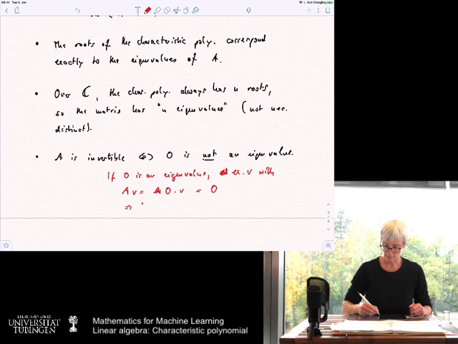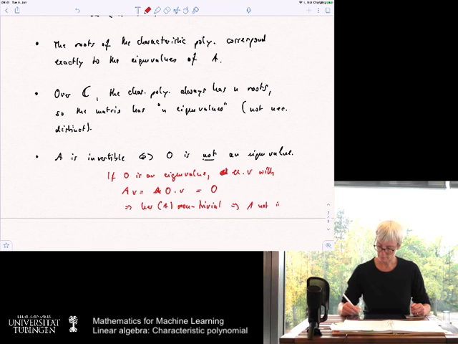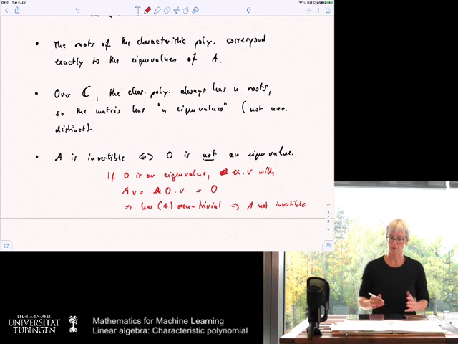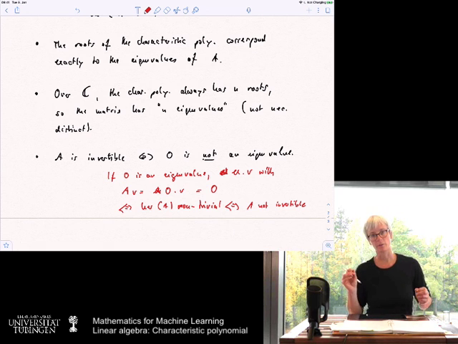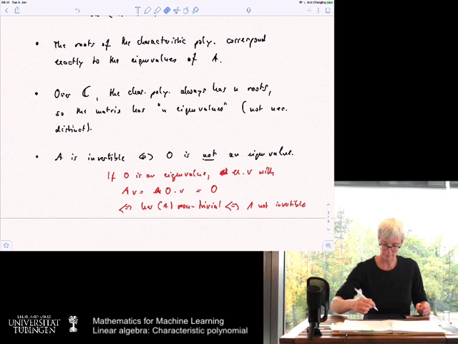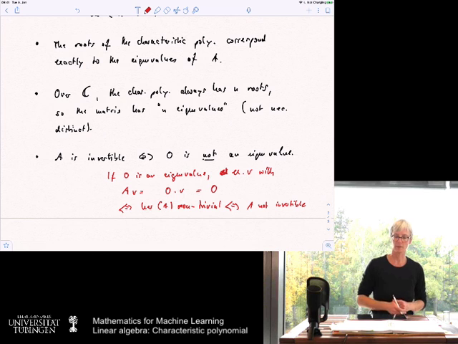So if you want, the kernel of A is non-trivial, A not invertible. And this argument also works the other way around. If A is not invertible, then the kernel is non-trivial, then you can pick a vector that is in the kernel, and for this vector you have that it is an eigenvector of eigenvalue 0. Okay, so this holds always.